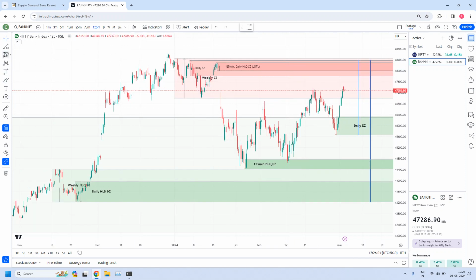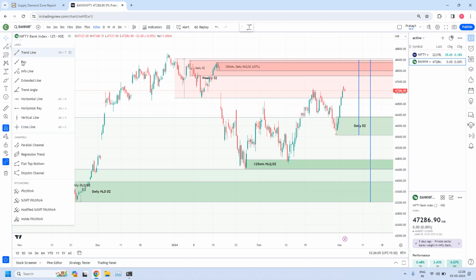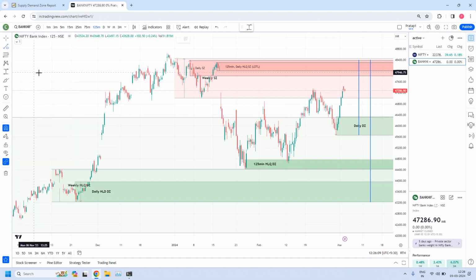So let me draw. There is nothing wrong in drawing the lines. This is a distal line to distal line range using the info line. I am drawing this 125 minutes range, from here to here.